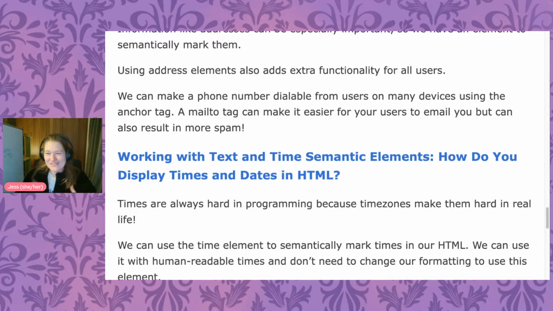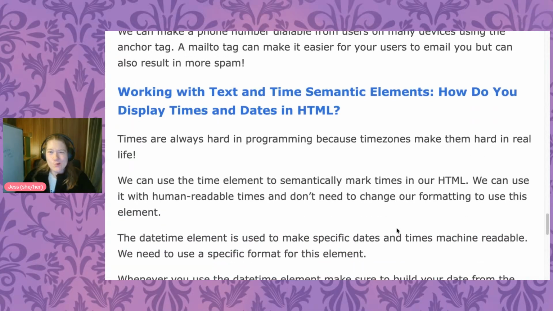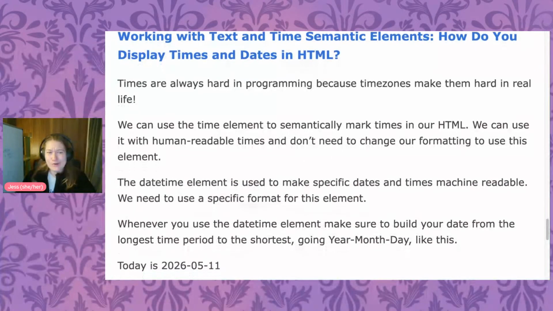The reason that times are so difficult in programming is that time zones are very difficult in the real world. For those of us who are living in a country that has just one time zone, you say, no, it's fine. I know that my friend who lives in Berlin is 2 hours away, except for the times that they're not. Some places have daylight savings time. Some places have a 1 hour offset.